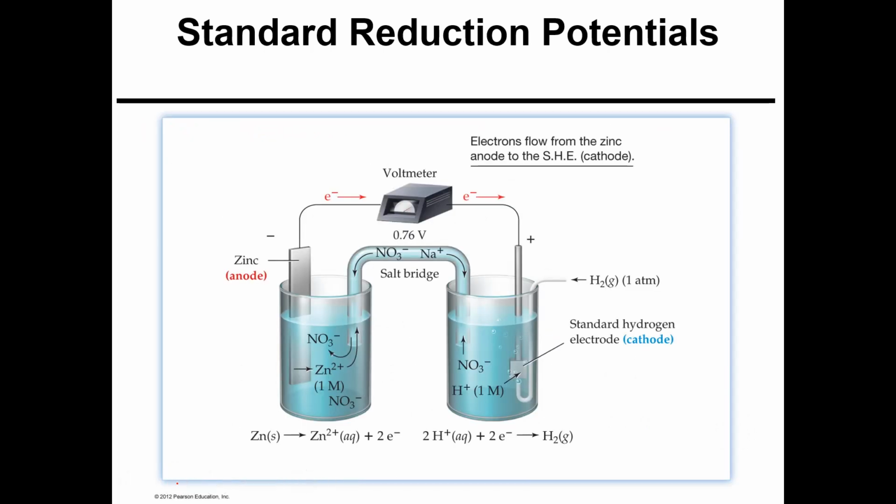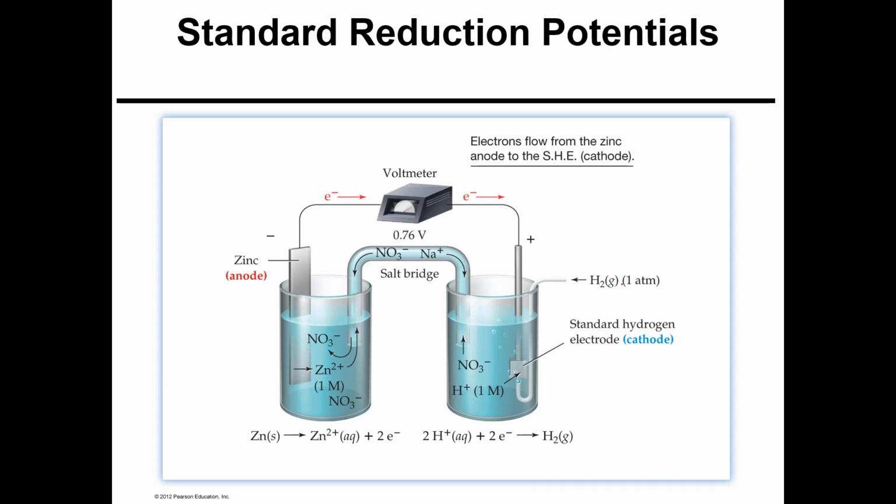So this is an example of the type of setup we would have. So this would be our standard hydrogen electrode here. So we would have a tube here that has hydrogen gas in it, and we have some nitric acid here that produces H+ ions. And then we have, in this case, our zinc anode.